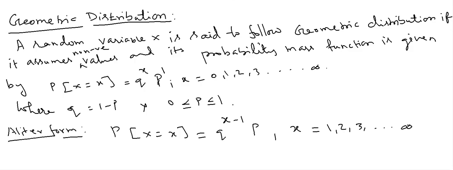In the earlier form it is 0 to infinity, the integers. Either form can be used, both are correct. Here the first success occurs at the xth trial. In the other form, the first success occurs at the x plus 1th trial. Before that, we found only failures.